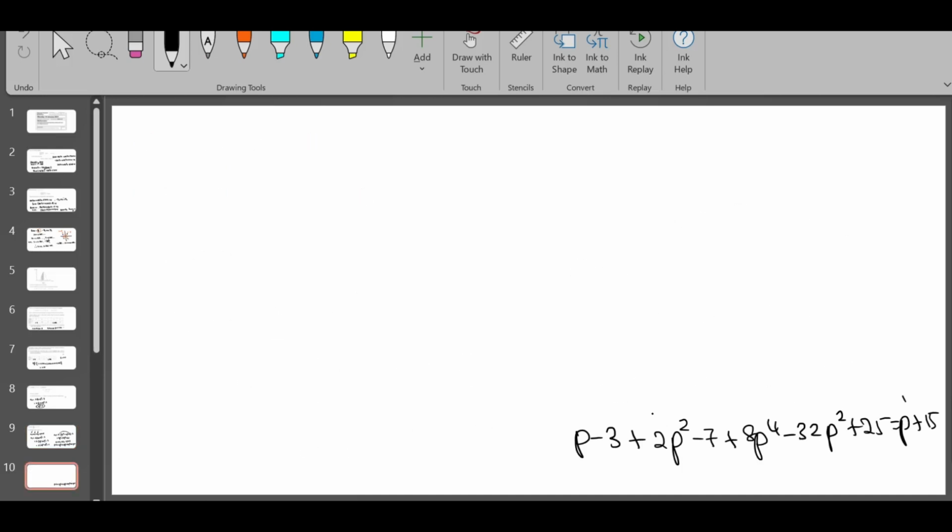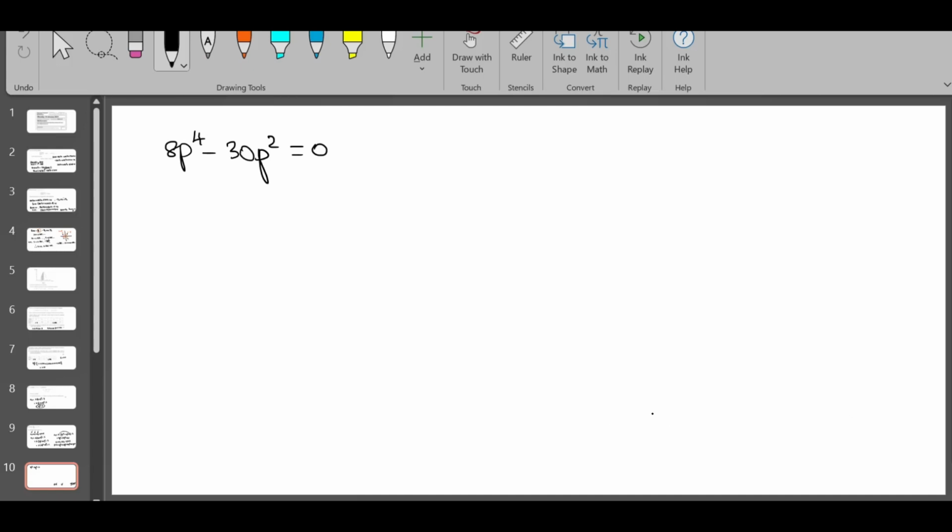I'm going to move all the p's to one side, so I'm going to get 8p power 4 minus 30p square, because of this p square, 8p power 4 is also done, and then p will be cancelled. This is minus 10 minus 15, sorry, plus 15 minus 15, everything will be cancelled. You will get just this. So p square times 8p square minus 30 is 0. So p square is 0, p is 0.